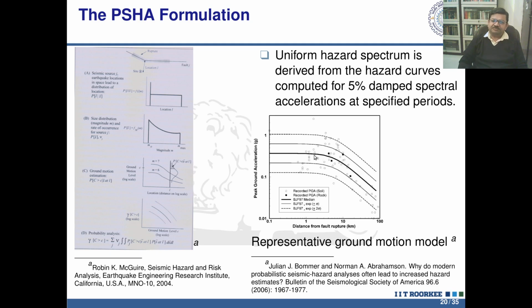And then this data will obviously have some median value, and there will be some scatter around it, so some standard deviation. So this is the median value, this is median plus 1 sigma, this is median minus 1 sigma, this is median minus 2 sigma, and this is median plus 2 sigma.